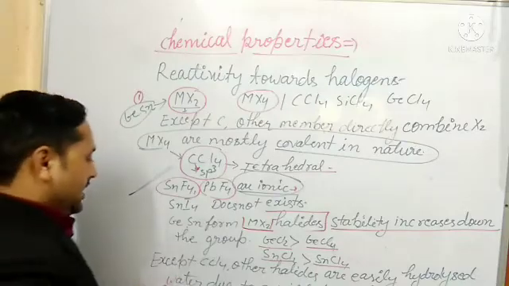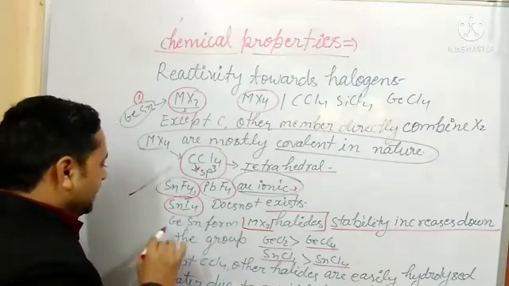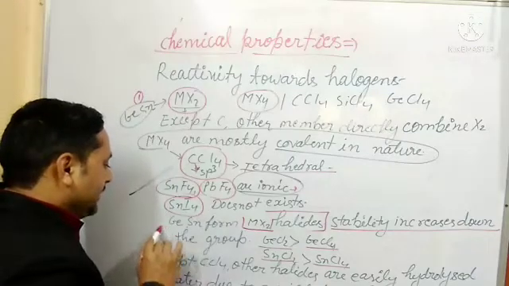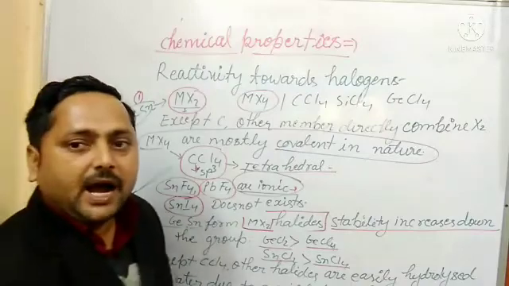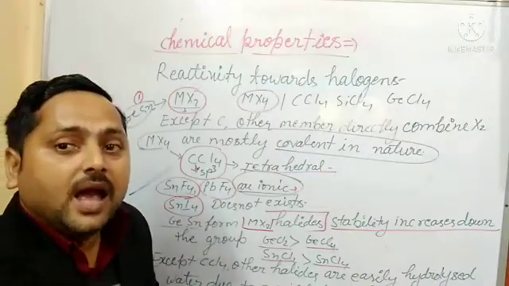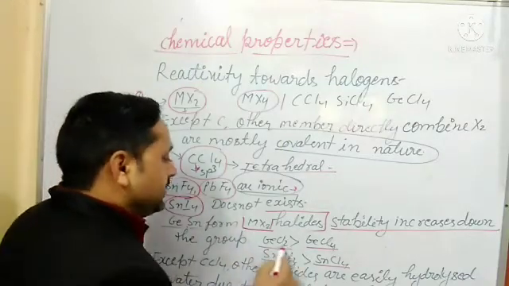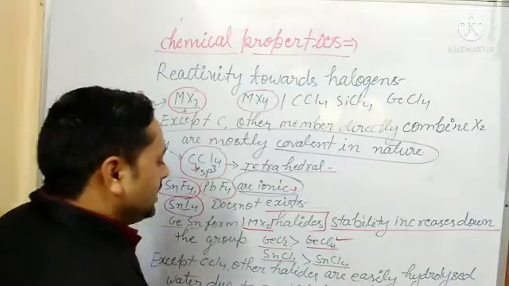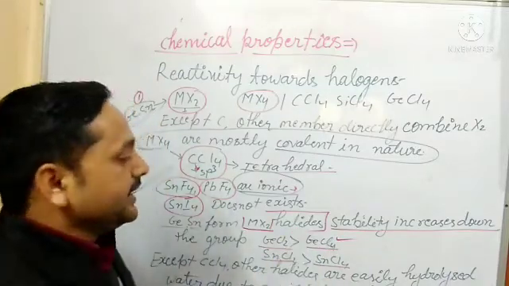And SnI4 does not exist here. Germanium and tin form MX2 type of halide, and the stability of these MX2 type of halides is more than that of MX4. Let us see an example: GeCl2 is more stable than GeCl4, SnCl2 is more stable than SnCl4, and their stability increases down the group.